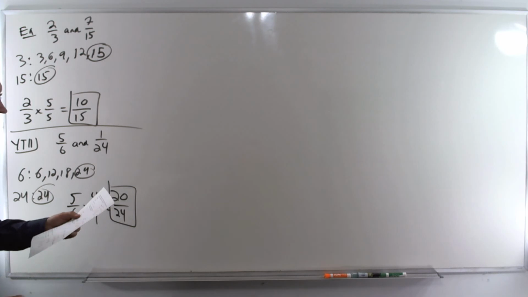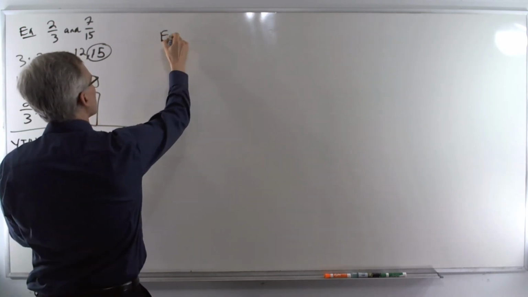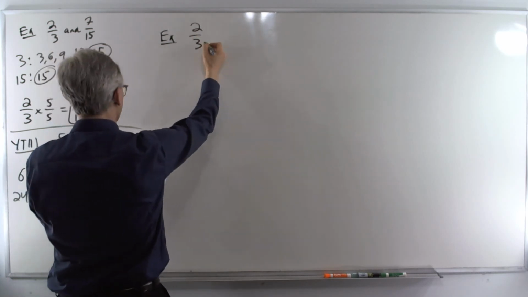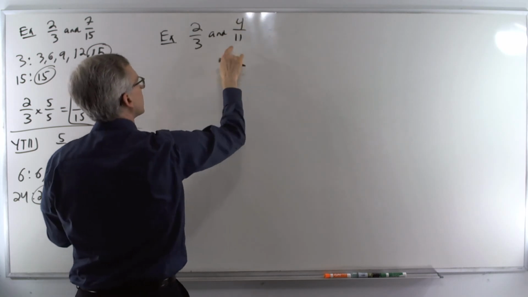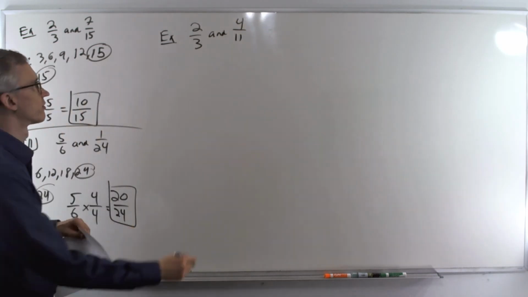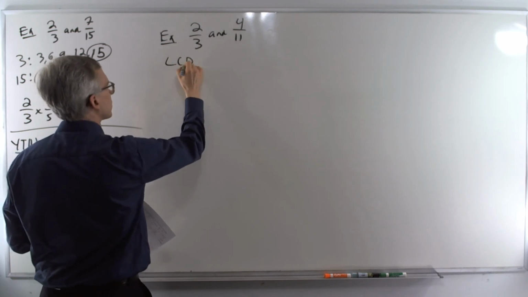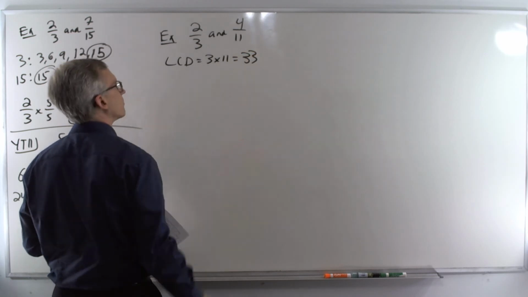Next up, we're going to do 2/3 and 4/11. So this is another one of our special cases. Because if you look at the two denominators, they're both prime numbers. So to find the least common multiple, just multiply them together, or least common denominator. That's going to be 33.